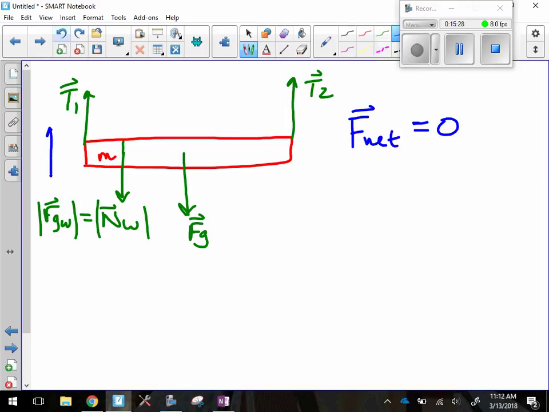So I'm going to let up be positive y just because I got to pick something. And what direction am I going to sum my forces in? Y, because it's the only direction I have forces in. So F net y is going to be equal to 0.